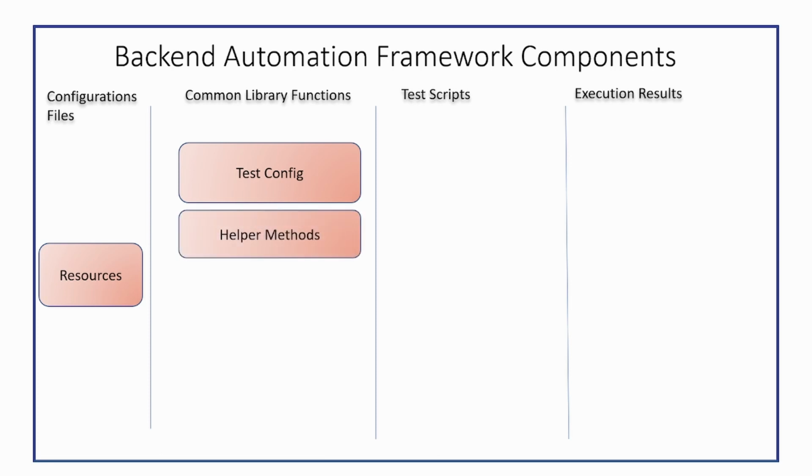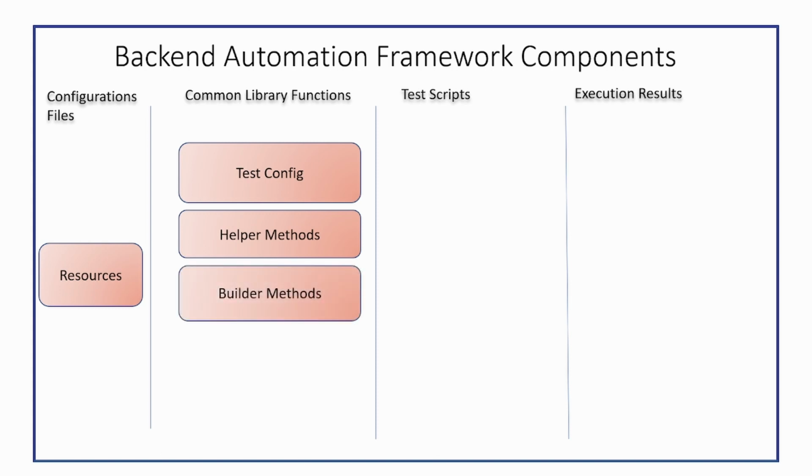Then we have helper methods. It's highly suggested that if you are using certain methods again and again, you keep those methods in separate classes, and instead of writing code for the same method again and again, you call these methods from these reusable classes. The helper method is doing the same.